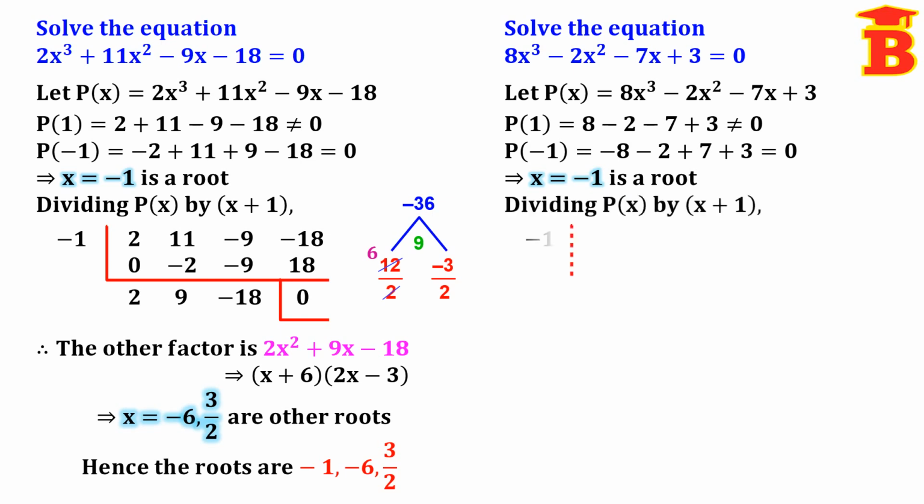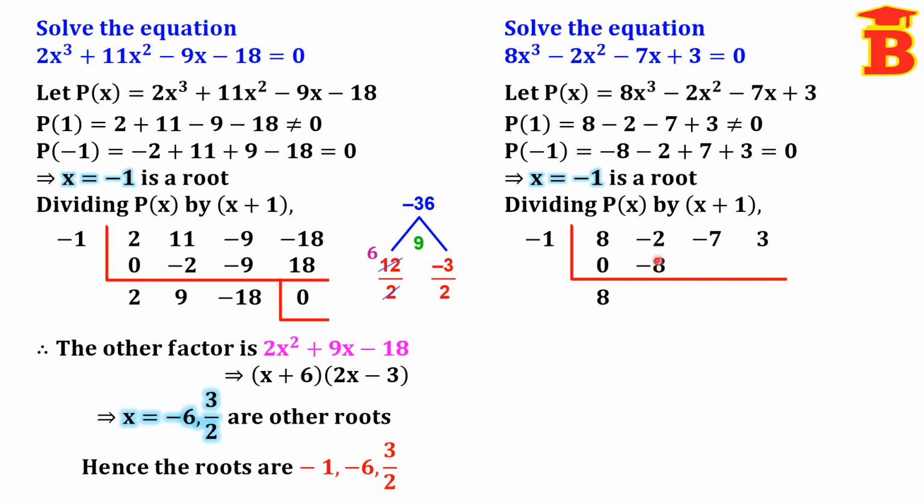So that is minus 1 right outside and take all the coefficients like this. Here the coefficients are 8, minus 2, minus 7, 3. We start with 0, adding this, 8 plus 0, 8. And then multiply 8 into minus 1, minus 8.